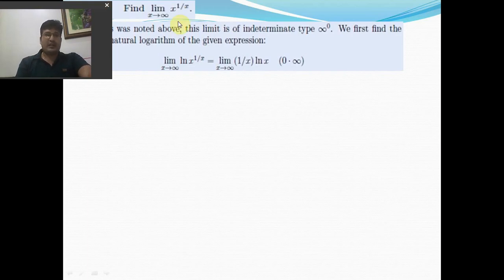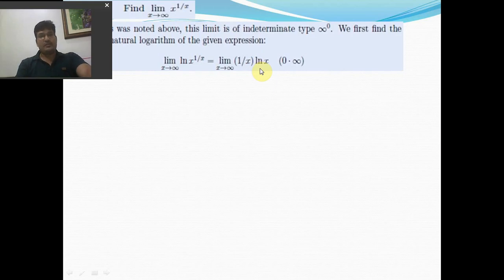So here x raised to the power 1 upon x, it means f(x) raised to the power g(x), function raised to the power function. So we are taking log both the sides, limit extending to infinity, log x raised to the power 1 upon x can be written as limit extending to infinity 1 upon x log x.